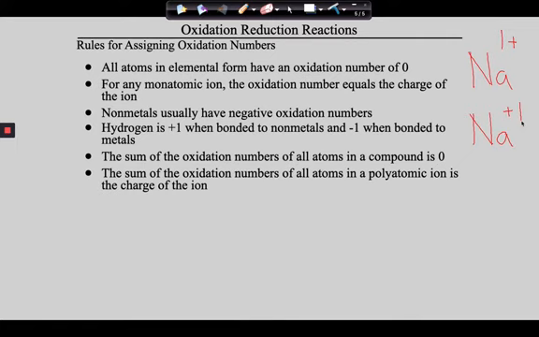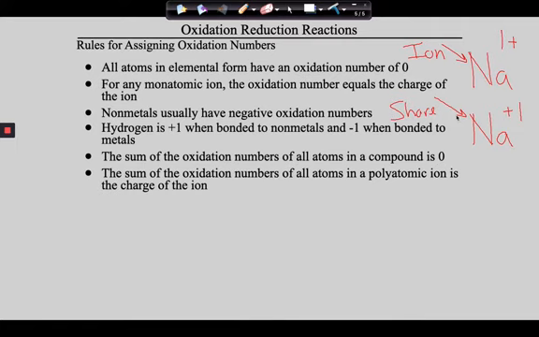In fact, they're not. This is the way to represent sodium when it loses an electron. This is the way to represent sodium when it shares an electron. So the idea is if the number comes first, that is the charge of an ion. If the sign comes first, that is an indication of how many electrons it's sharing, not that it's losing.